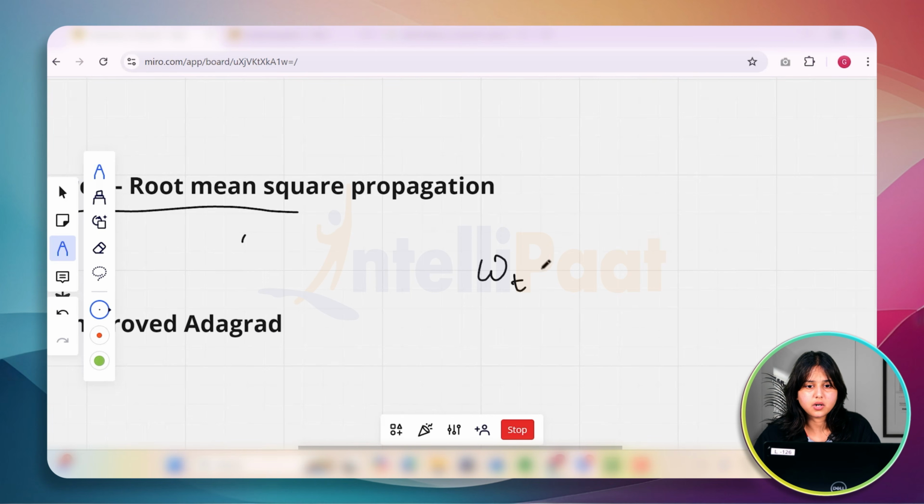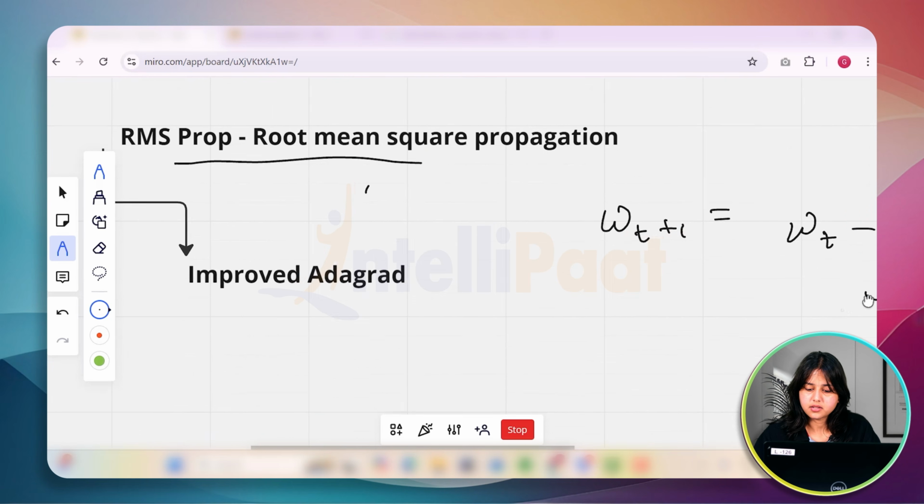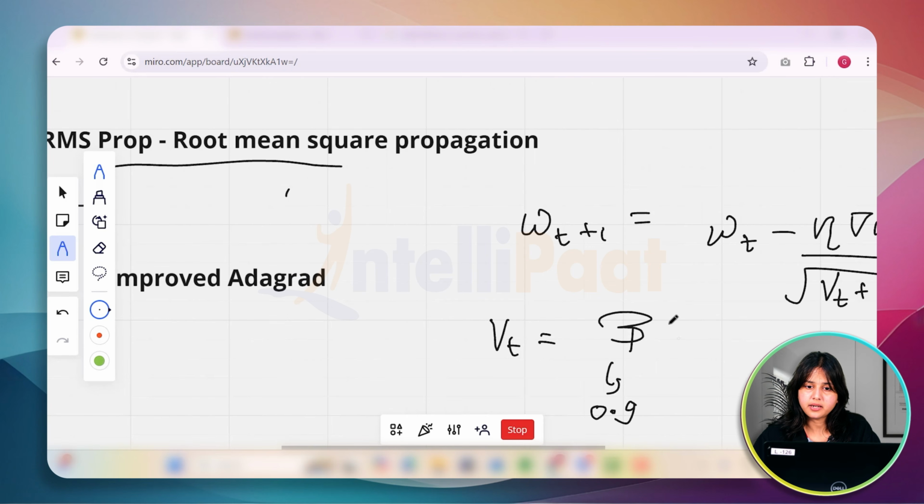To update the weights, we use the formula: the old weight, and then we subtract the learning rate multiplied by our loss gradient, divided by Vt plus epsilon, in a similar way. But Vt over here is multiplied by beta, which is again going to have a value of around 0.9.